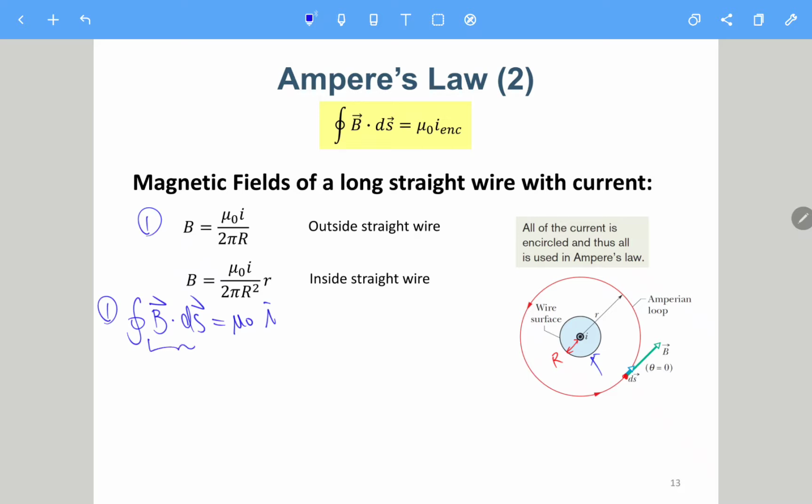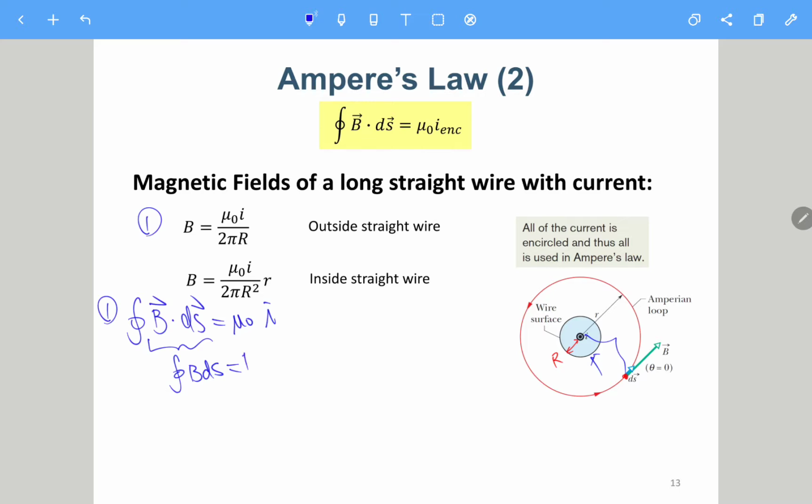This Ampere loop is a circle with its center at this point. We suppose the B field is parallel to ds, which means that B dot ds is nothing but B ds, since cosine of 0 degrees is 1. The distance from the points on the Ampere loop to the center is constant, so B is a constant.